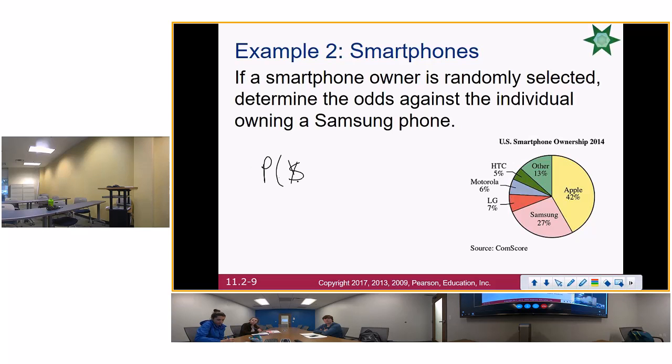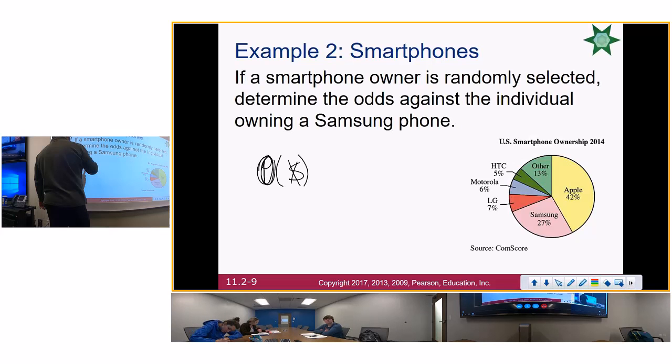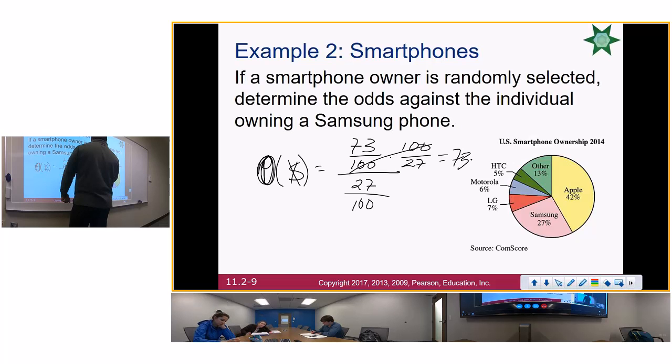Odds against a Samsung phone would be 73 over 100 divided by 27 over 100. Multiply by 100 over 27, and that's going to give us 73 to 27.